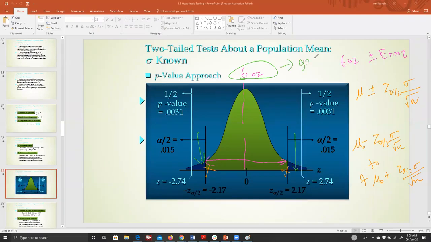You understand what this 0.97, or 97% confidence, means? 3% error. Not exactly. Let's revamp it. 97% will have a mean of 6 ounces. Yeah, very good. You can say for 97% of the intervals, you would find the mean, or the mu naught, between them.